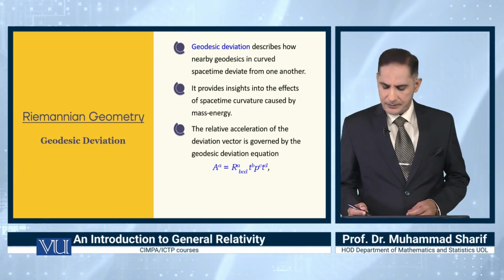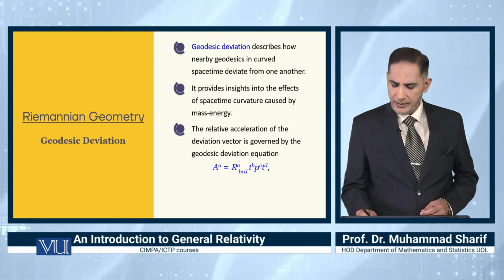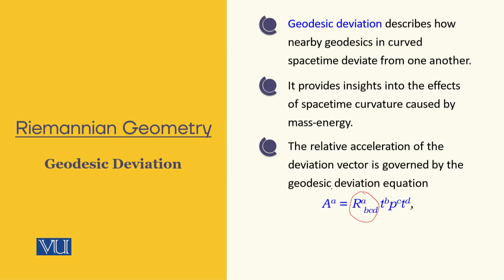Here you can see that this is the Riemann tensor, this is the acceleration vector, this is the tangent vector, and this is the separation vector. This is the vector which gives the deviation. If this is 0, then we have no deviation. But on flat space-time, this is always 0. This is possible only on curved space-time.